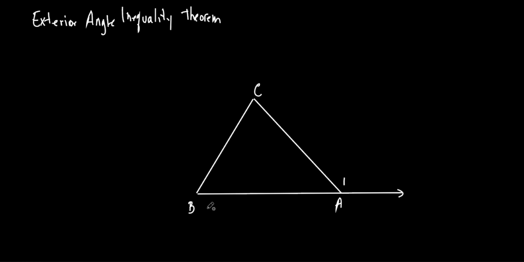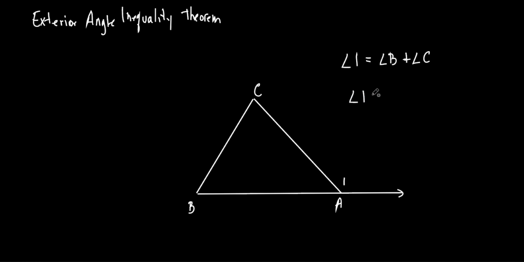Okay, so watch this. So if angle 1 is equal to angle B plus angle C, and would you agree that that's true? Right? Yeah, because we said in another chapter that the exterior angle is equal to the sum of the interior angles. So that's true. So what does that mean about angle 1?